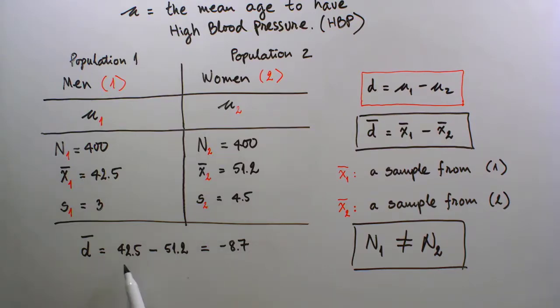It indicates that in our sample the mean age for a man to develop HBP is less than the mean age for women to develop high blood pressure, and that's what resulted in this negative 8.7 difference in the samples.